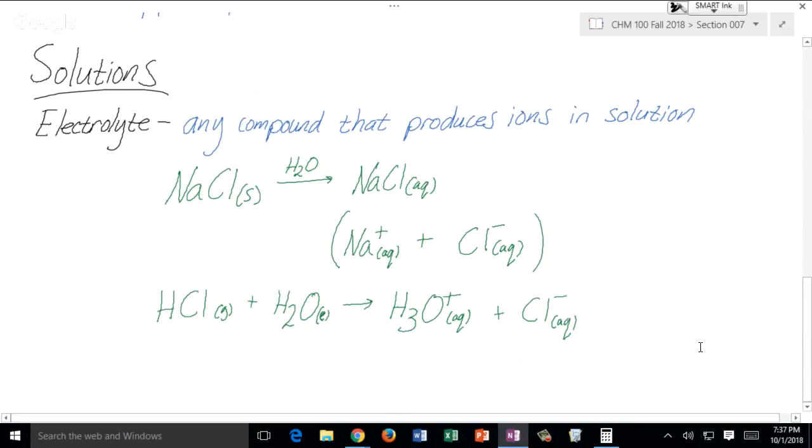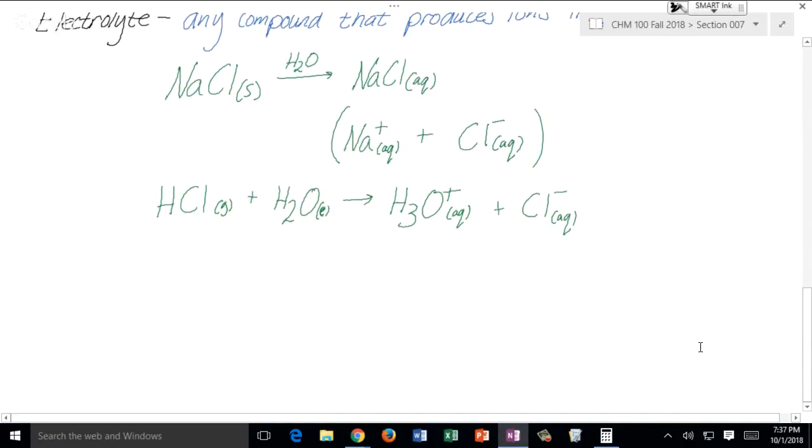All right, so if water is not an electrolyte, we put these compounds in, and then those compounds are called electrolytes. We can also separate those into two categories: strong electrolytes and weak electrolytes.